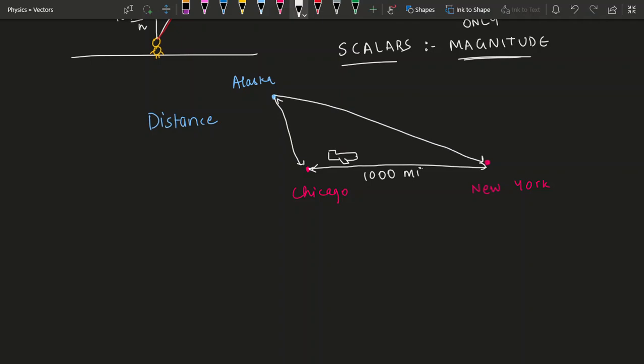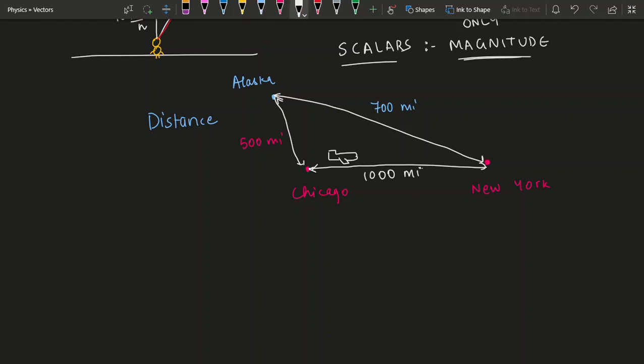And in that case, let's say your Chicago to Alaska flight covers a distance of 500 miles, and I'm really cooking up the numbers, and Alaska to New York takes, let's say, 700 miles. Then the distance you have traveled in case of a connecting flight through Alaska is 1,200 miles.